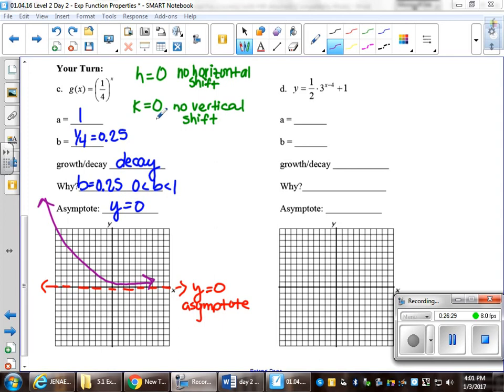K equals 0, no vertical shift. That means my asymptote will be y equals 0. I draw my horizontal dotted line right on the x-axis at y equals 0. Decay means that left to right, this is moving towards the asymptote. And I'm done.